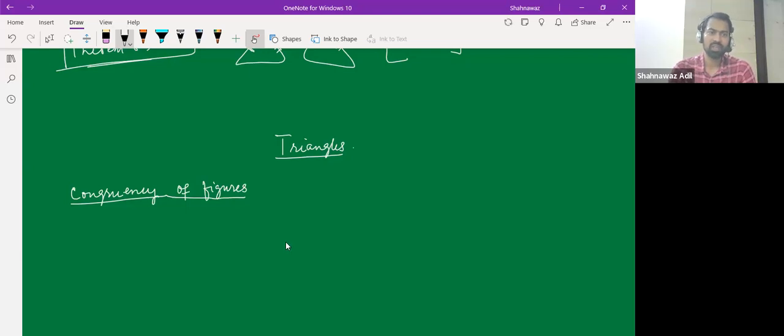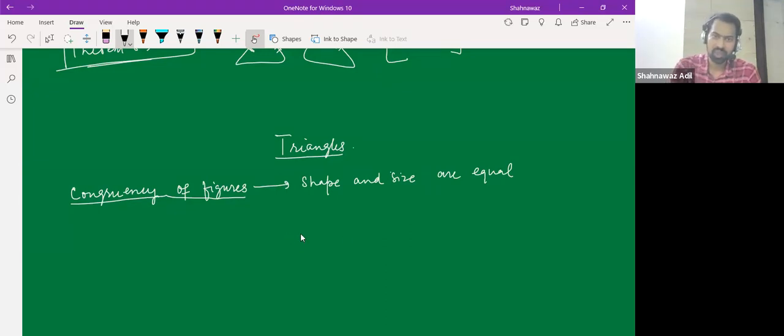What was the meaning of congruency of two figures? When the shape as well as the size of these two figures are equal, then we say that those figures are congruent.